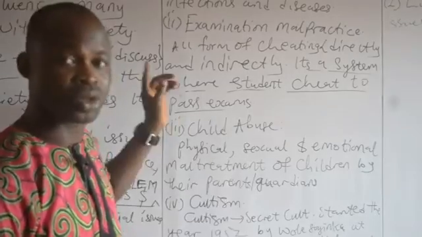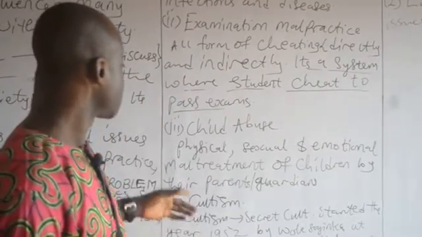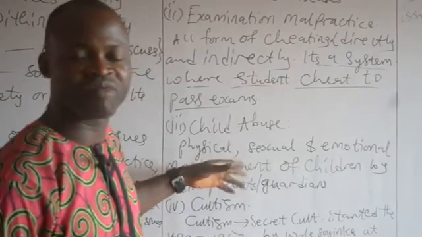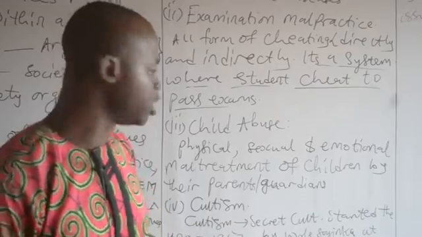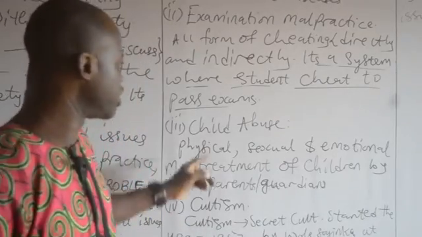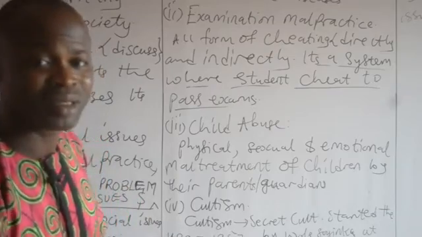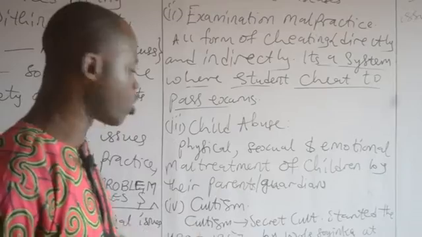Again, every form of assault on a child, physically, sexually, emotionally and otherwise, whether by parents, guardians or anyone, is referred to as child abuse. And number four, cultism.